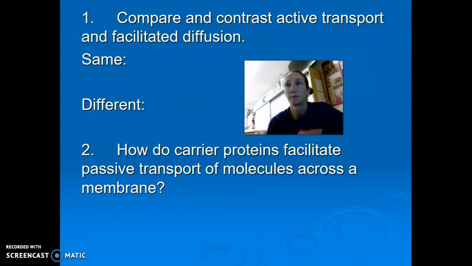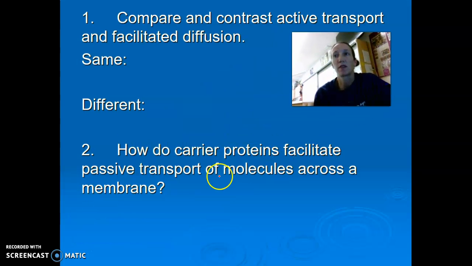Okay, number two. How do carrier proteins facilitate passive transport of molecules across the membrane? It's a lock and key method, remember? Only certain proteins can get across the membrane. And those proteins can be a channel protein that allow things to come through it. And that could be for your passive transport.